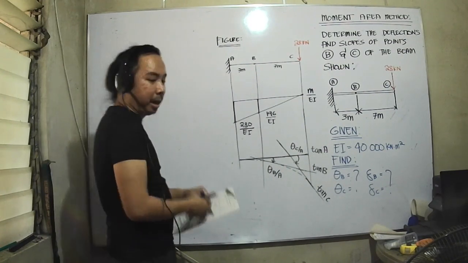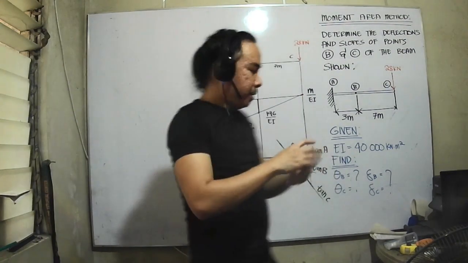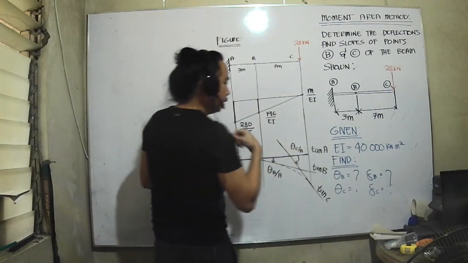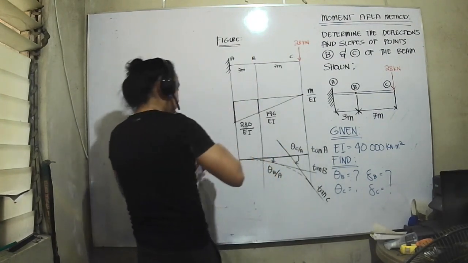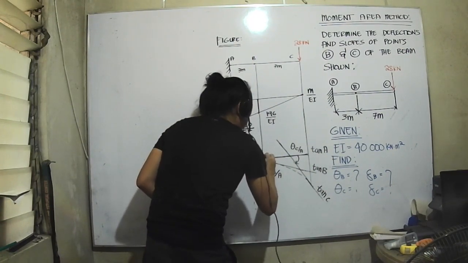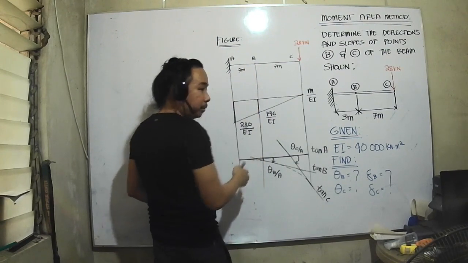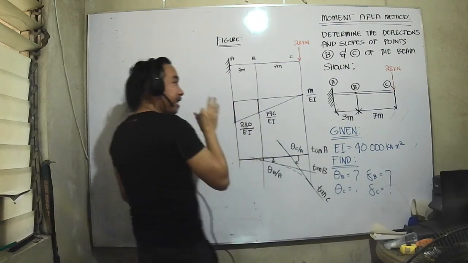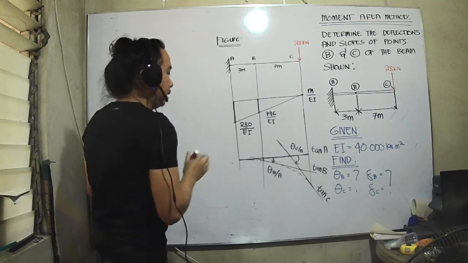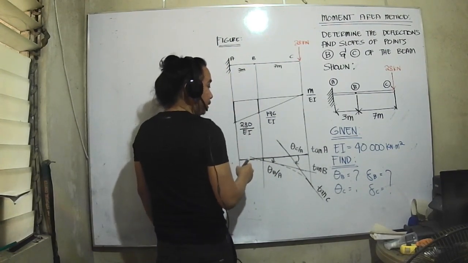So these are the angles. Now, for the distances, the tangential deviation from A going down here, the vertical tangential deviation, that is essentially our deflection, okay?